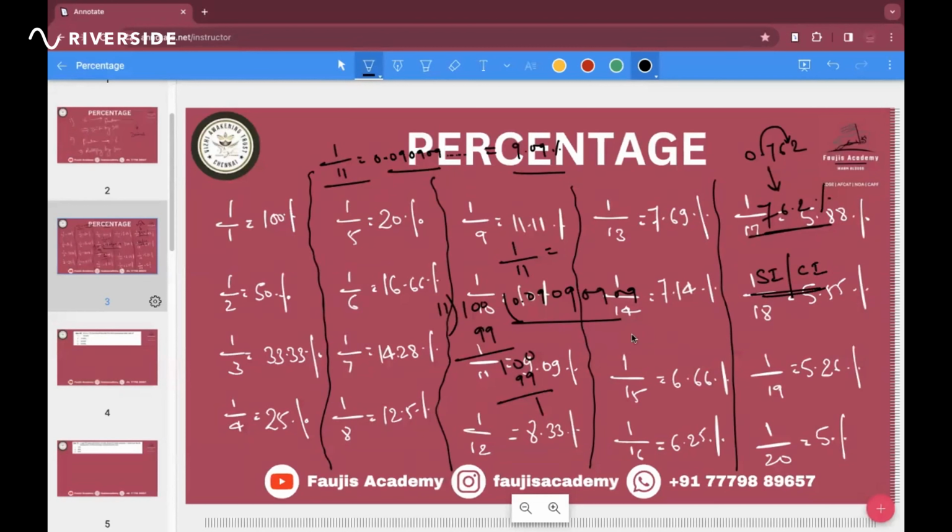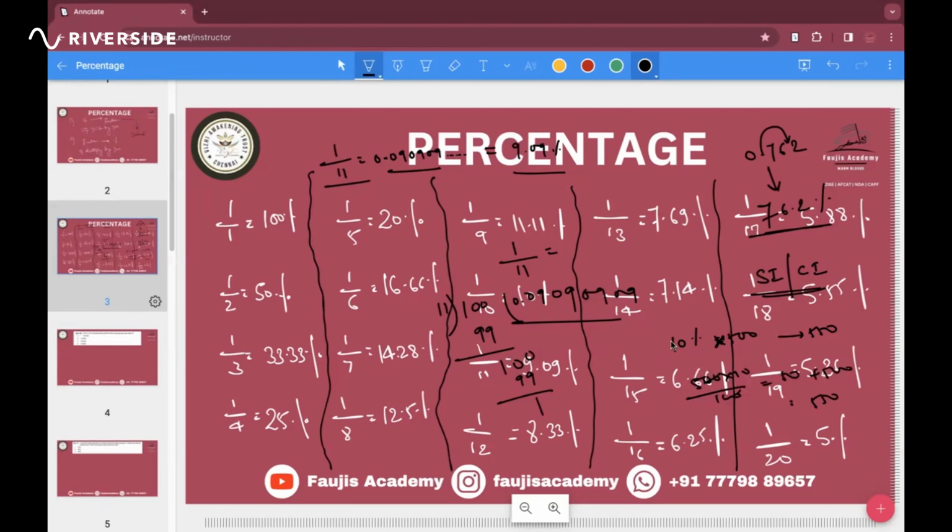When I say calculate, let's say, 10% of 500, easily you will calculate: 500 into 10 by 100 is 50, plus adding 500, gives 550.